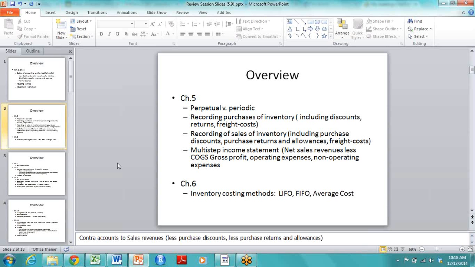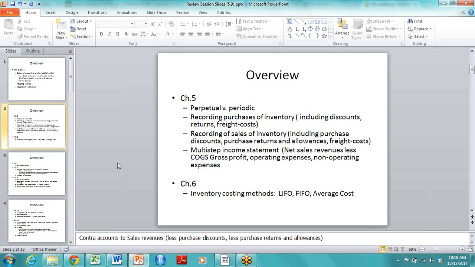And then the last thing with chapter 5 is the multi-step income statement. If you remember from chapters 1 to 4, we had revenues and some expenses, and we came up with net income. The multi-step income statement really blows out the income statement. We don't just have revenues.